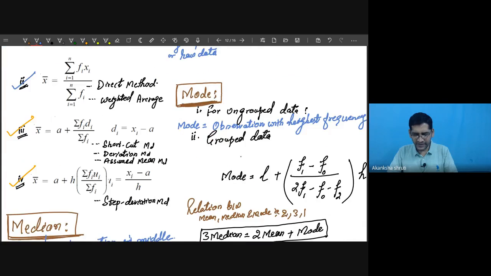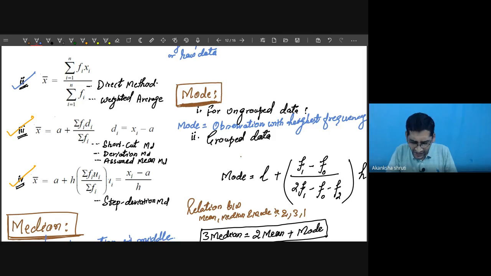The third method of calculating the mean is the step deviation, meaning dividing the di by h to get the ui.